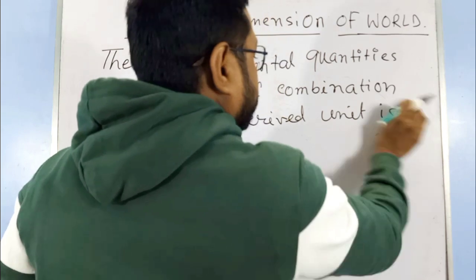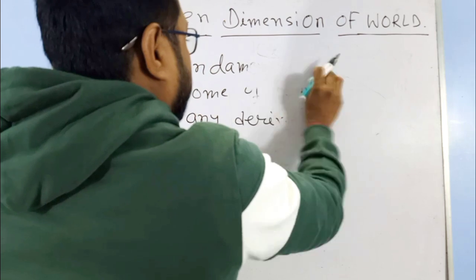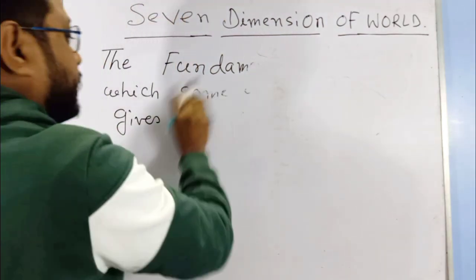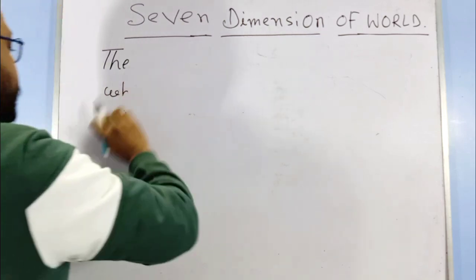What are their dimensions? Now, we know in SI units there are 7 physical quantities, and their dimensions are called the 7 dimensions of the world.